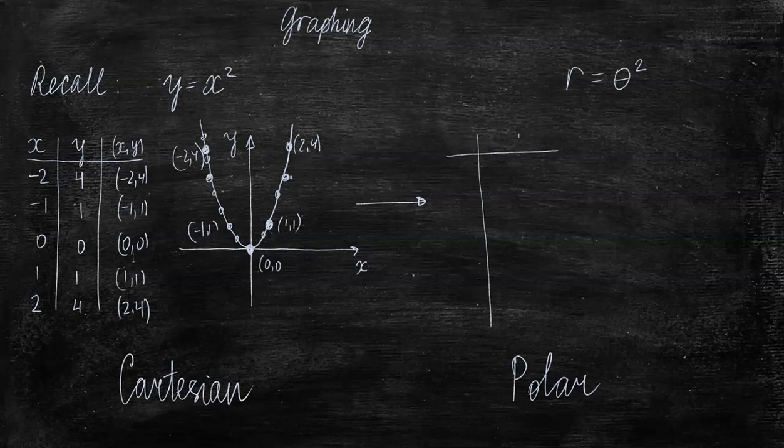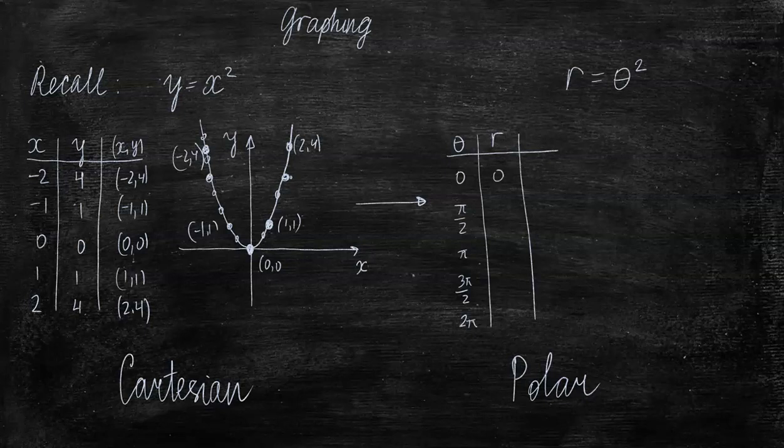probably able to produce a table of inputs and outputs. So for different values of theta, such as, let's say, maybe 0, pi over 2, pi, 3 pi over 2, 2 pi, we'll be able to produce some values of r.